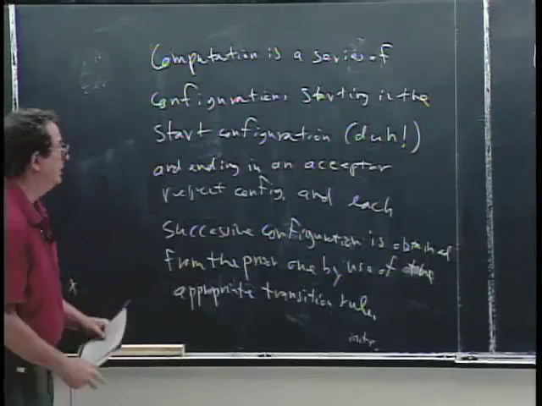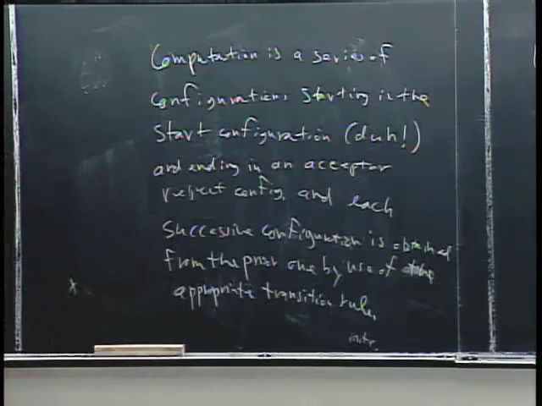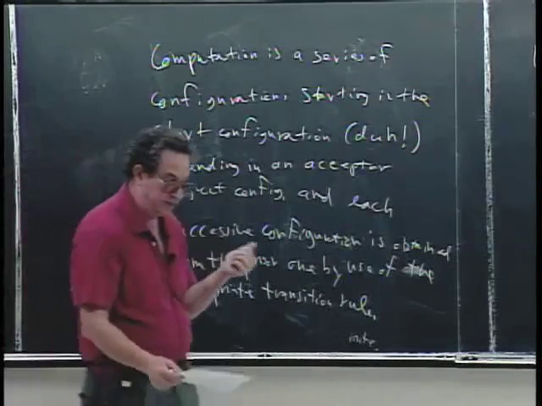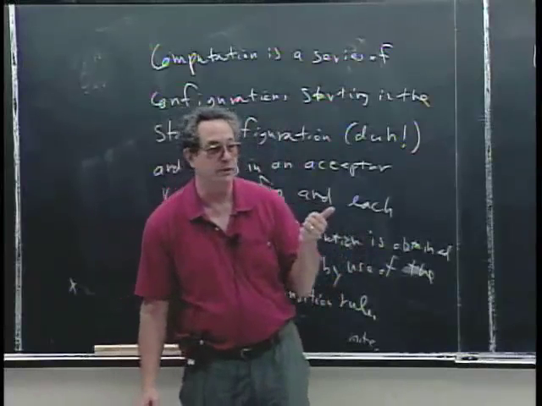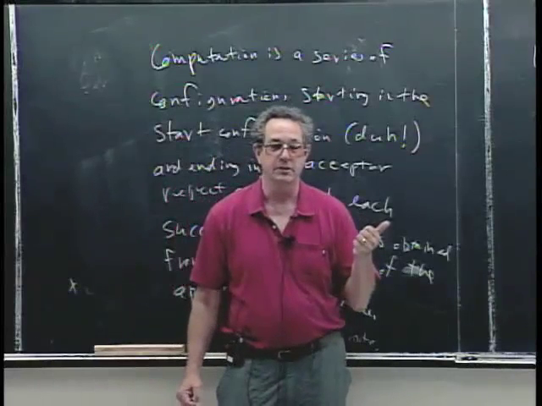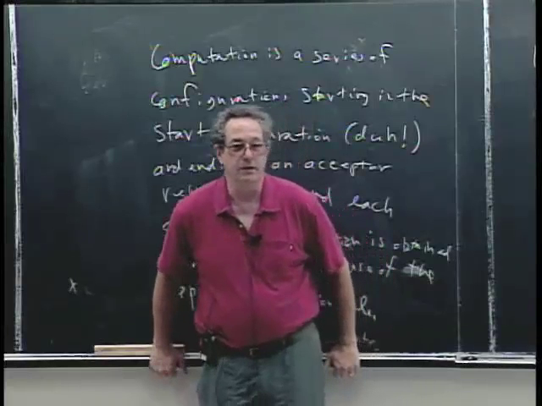Okay, and then ultimately, if the computation terminates, we end up in a reject state or an accept state. Now I just said something that never came up when we were talking about finite state machines, and I haven't said yet. Did anybody hear it?